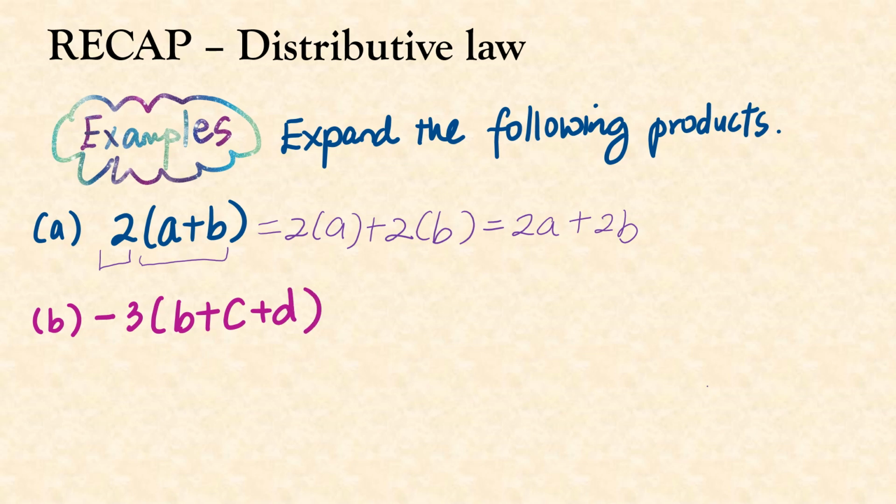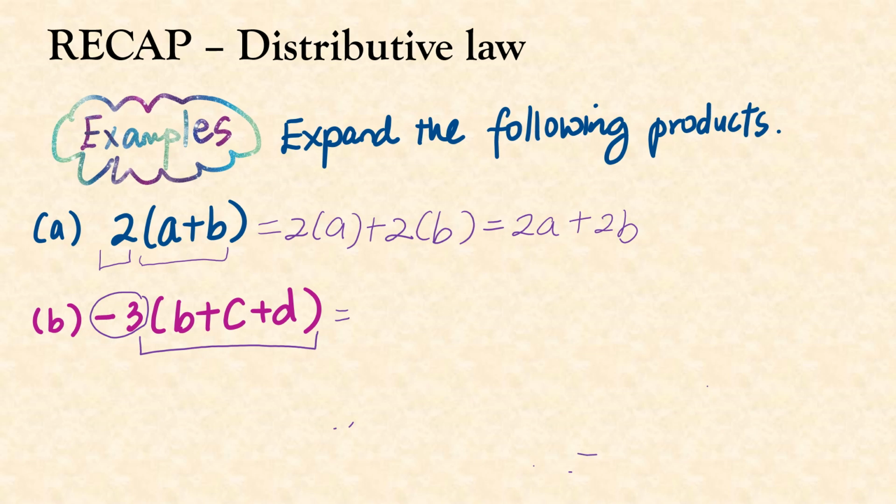Part B comprises 3 terms here, but not to worry, because the steps involved are the same as what we've done in part A. We see that this is a negative number, so we have to be very careful while managing it.